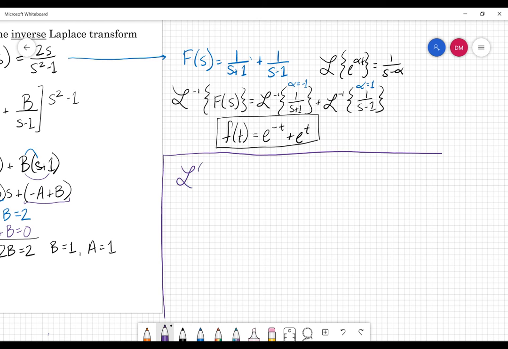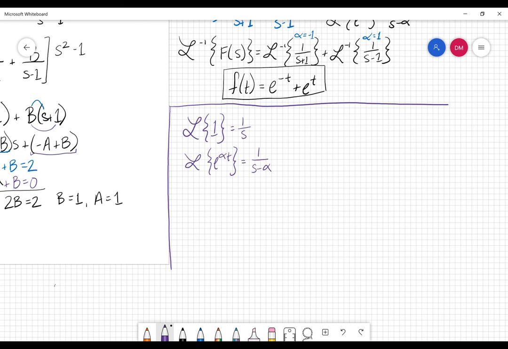So first things first, the Laplace of 1, we got 1 over s. Then we did the Laplace of e to the alpha t. We got 1 over s minus alpha. Now, I can't remember too, and I'm just saying this now, if your book uses alpha, it might use k instead.